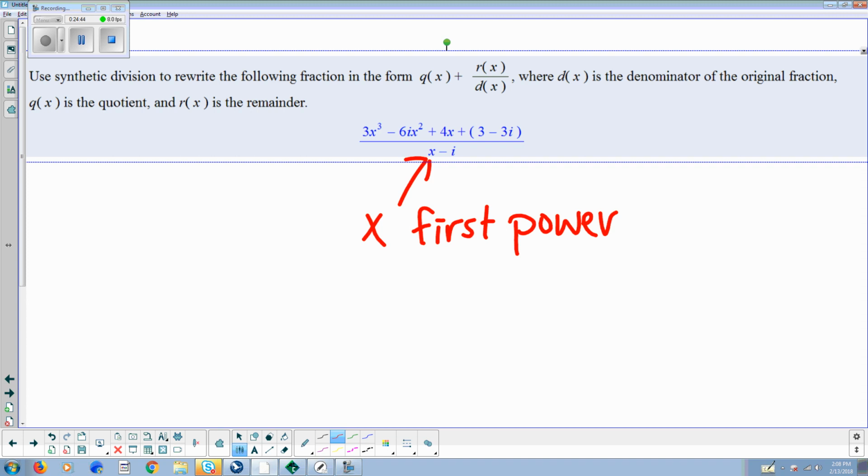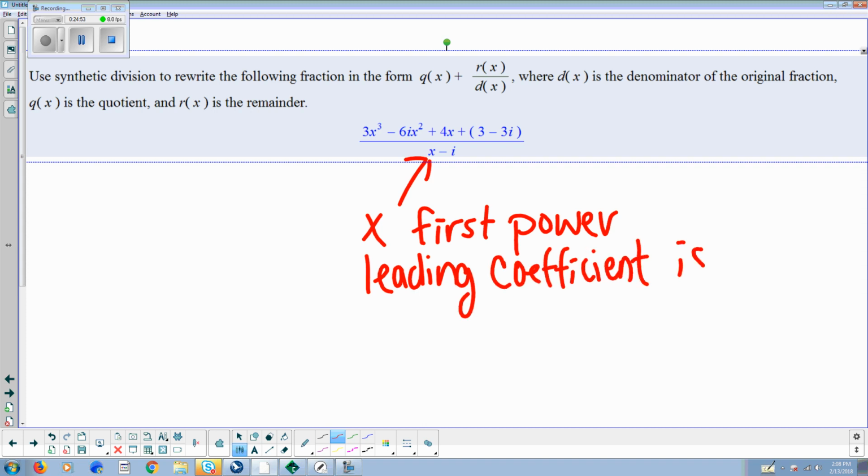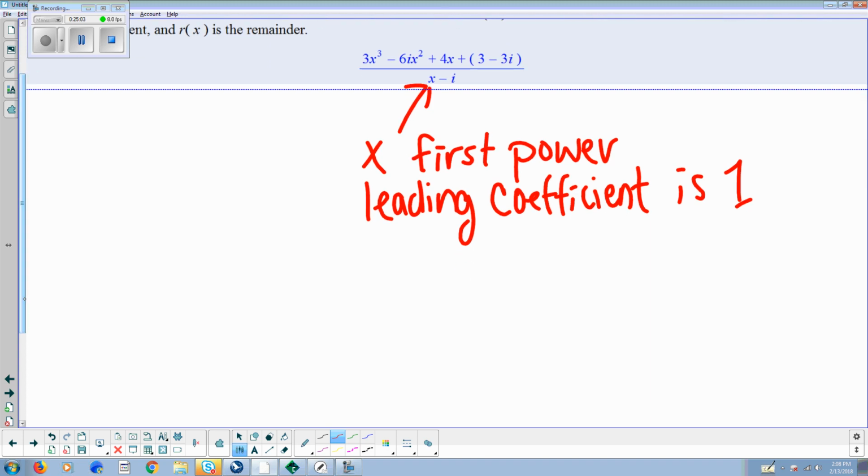Also, the leading coefficient is 1, or the number in front of x has to be 1. If it doesn't meet those two criteria, we would use long division. But since I meet the criteria, I will use synthetic division.